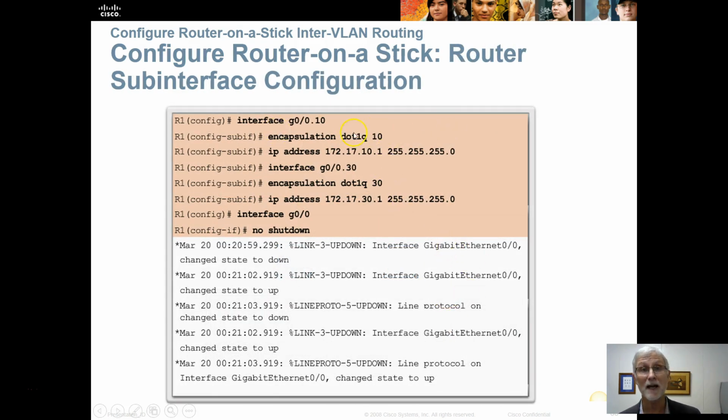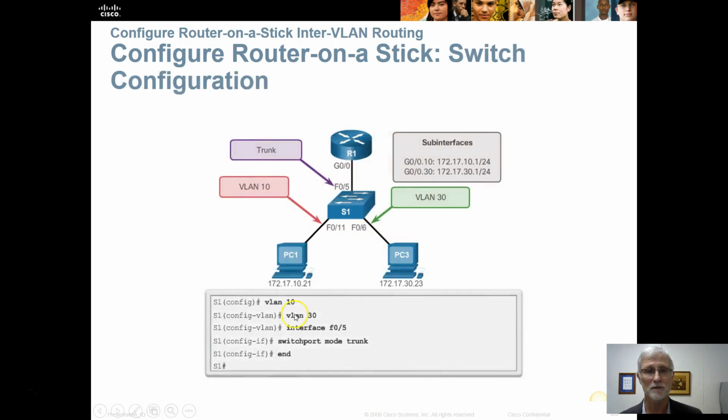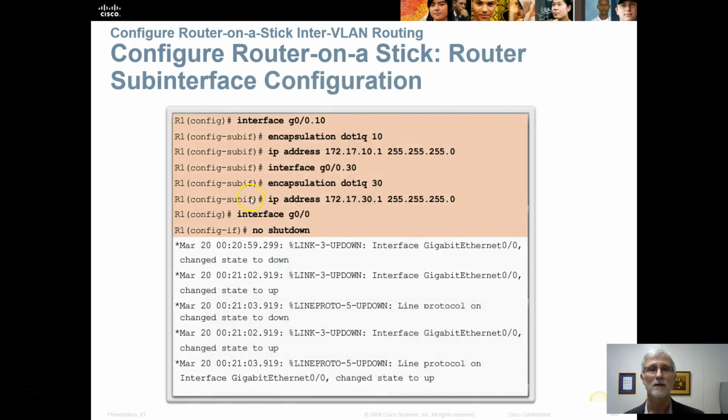Now, on the router side, I've got VLAN 10 and VLAN 30. So for that trunk interface, instead of interface G0/0 and giving it an IP address, I did interface G0/0 dot something. This dot says now I'm creating a sub-interface, and it's a common practice to match the VLANs. Technically, I don't think you have to, but it's so you understand what you're looking at as you're looking at reports.